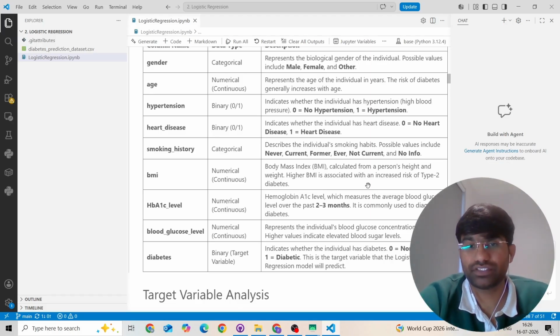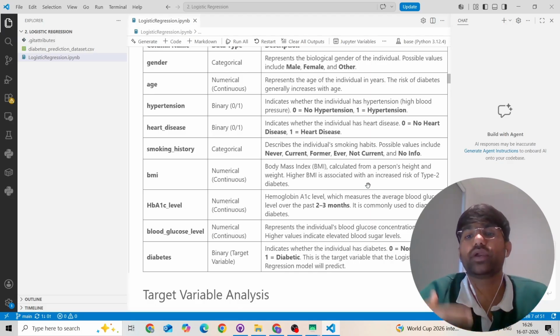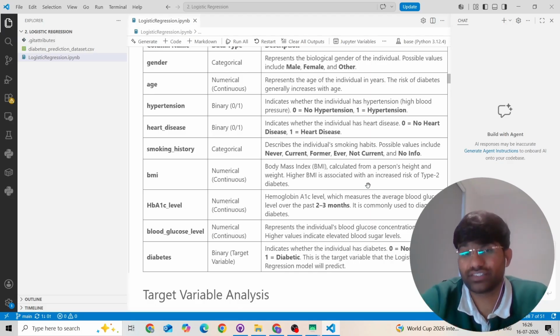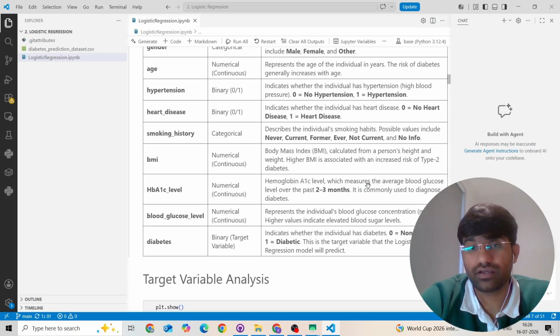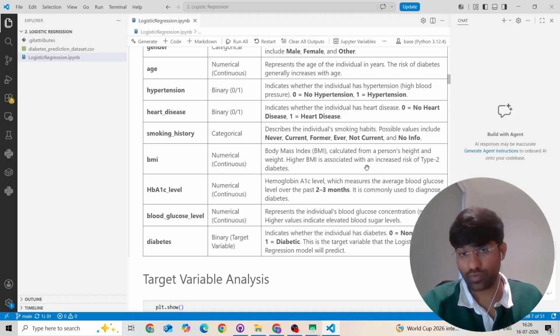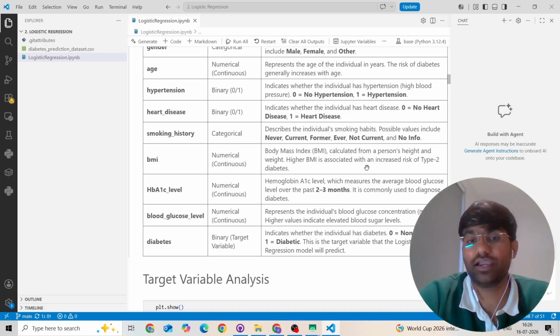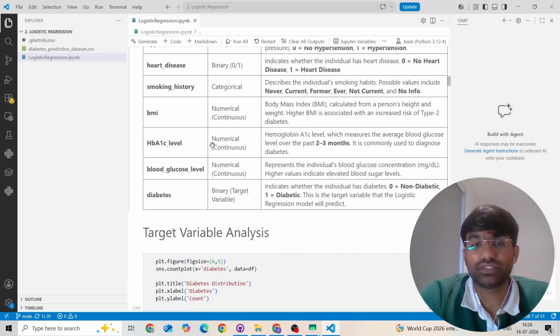BMI is calculated with your height and weight, indicating excess weight or less weight. Higher BMI is associated with the risk of diabetes, because if the person is overweight, there are chances of diabetes. These are the blood levels: HbA1c level and blood glucose level. These are related to diabetes.